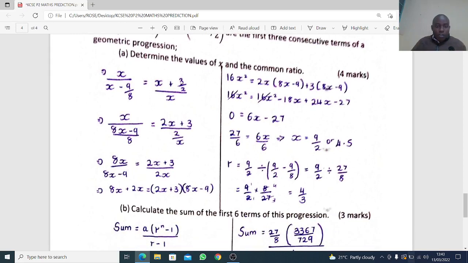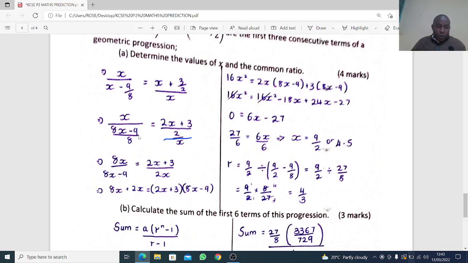And this one I have also made a single fraction, to be 2x plus 3 over 2, then all over x. So we cross multiply.